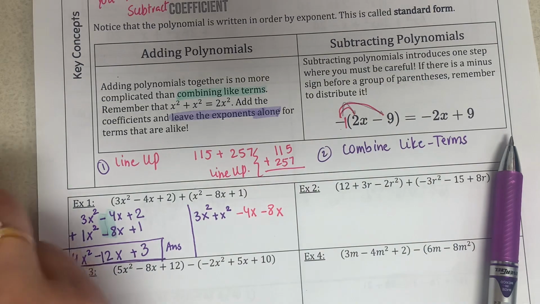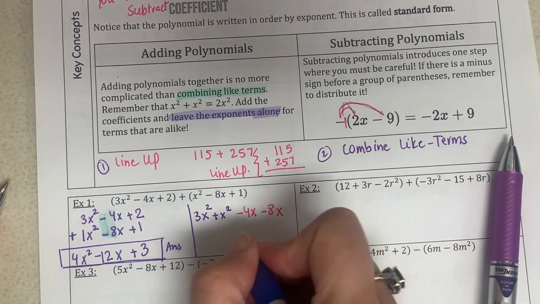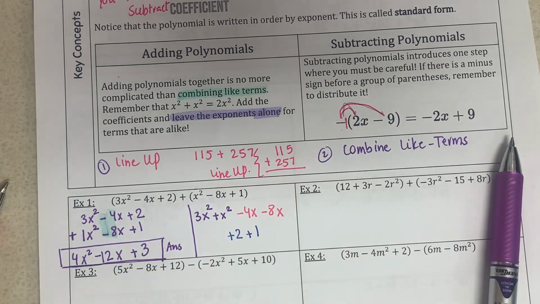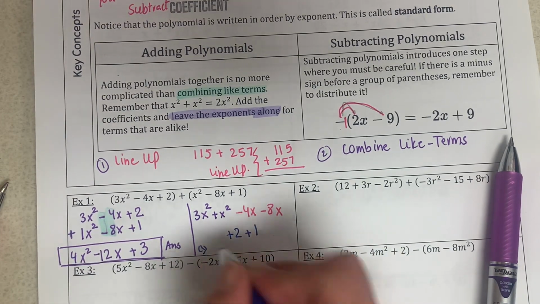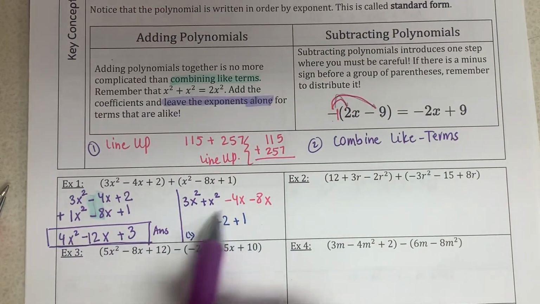And next would be plus 2 plus 1. I didn't have room to write it in a straight line, but it goes in a straight line. So the next line, I'm going to just follow and solve over here. So they were together in a line.